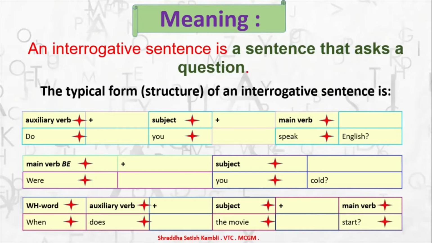So you see, in certain questions you have the auxiliary plus the subject plus the main verb. In certain sentences you have just the main verb and the subject. And in certain questions you have a WH word and then the auxiliary verb, the subject and the main verb. Now any question which has got a WH word in it is a WH question. Very simple, and that is what we are learning about today.